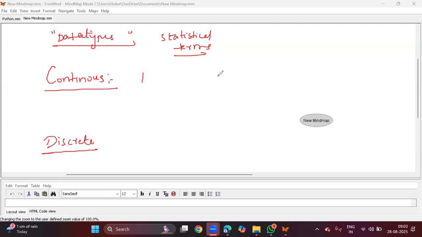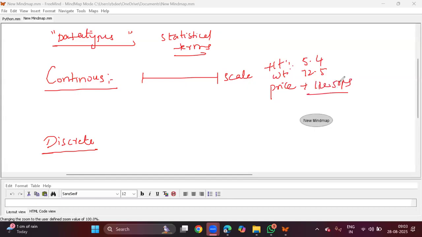Continuous means anything you are measuring on a scale. If I say someone's height, someone's weight, price of a phone: height means I should write 5.4, weight means 72.5, price means 1 rupee 50 paise. Can I write like this? Yes.